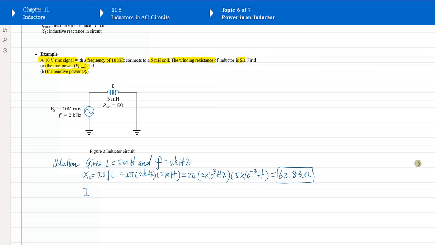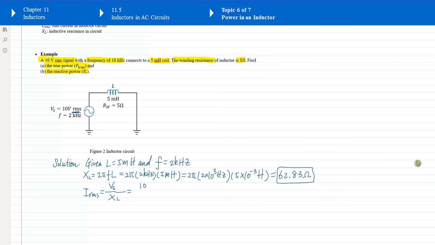Next, we can find the current. The root mean square current is the root mean square voltage, we know the source voltage 10 volt root mean square is given, divided by the inductive reactance XL.